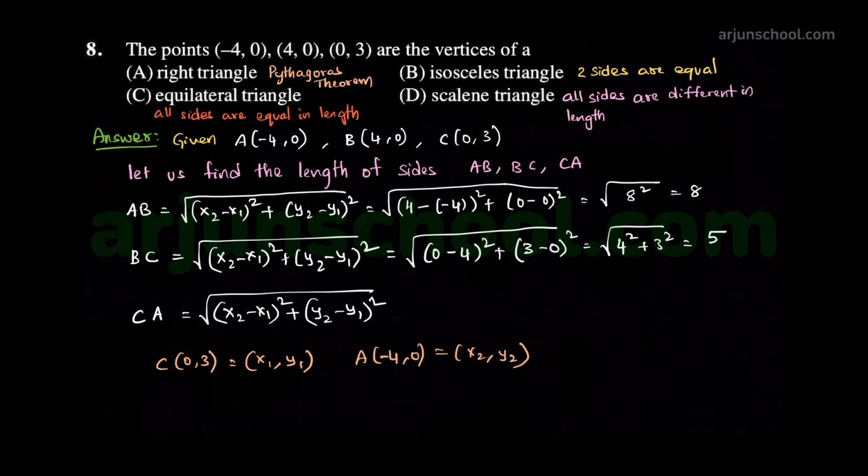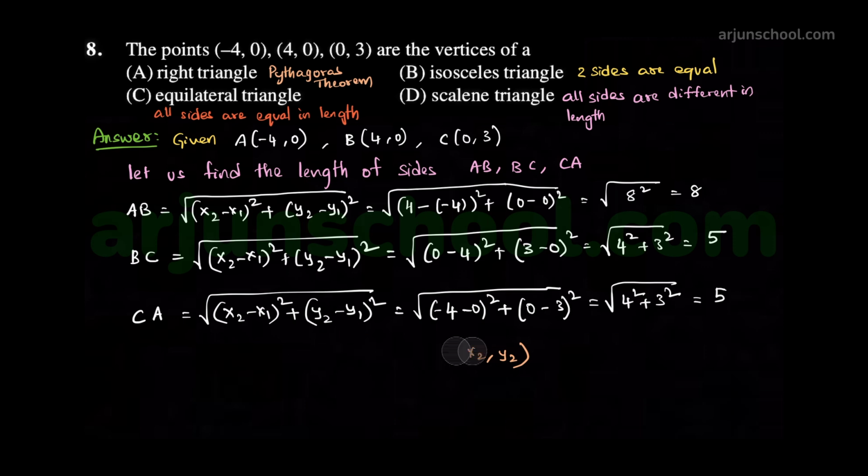Let us substitute these values in the formula. Root over (-4 minus 0) whole square plus (0 minus 3) whole square, that is equal to root over (-4) whole square is 4 square plus (-3) whole square is 3 square, that is equal to root over 16 plus 9, which is root over 25, which is equal to 5.